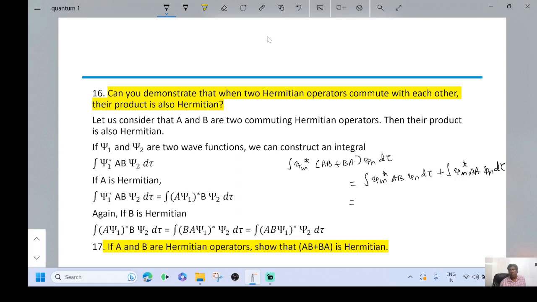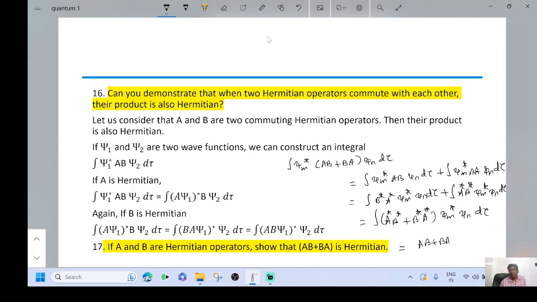If AB is Hermitian, then we get the terms with B*A* and A*B*, which equals (A*B* + B*A*)ψm*ψn dτ. This is ((AB + BA)ψm)* ψn dτ.